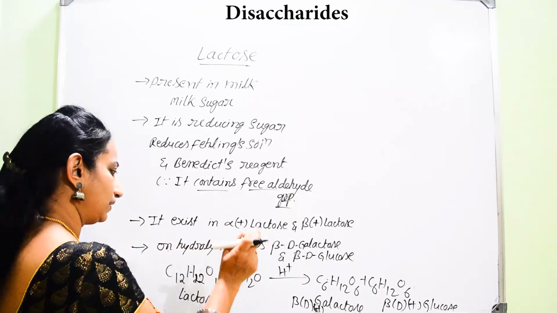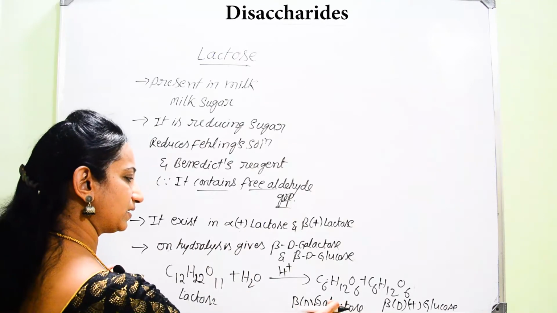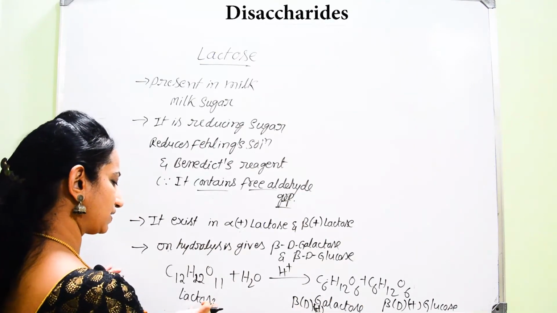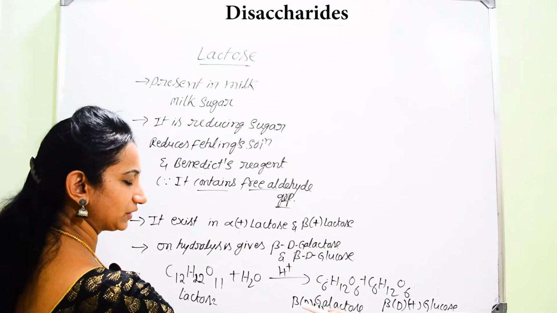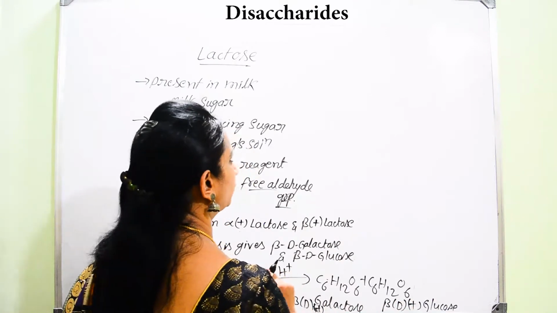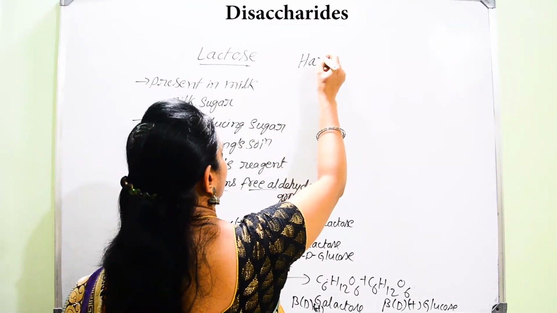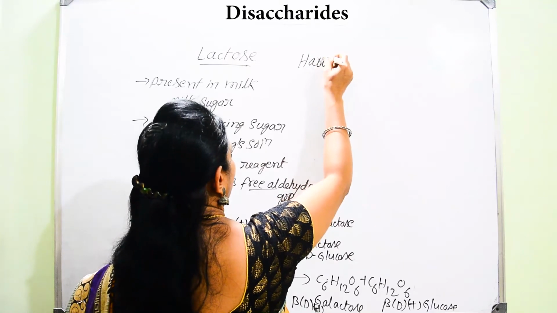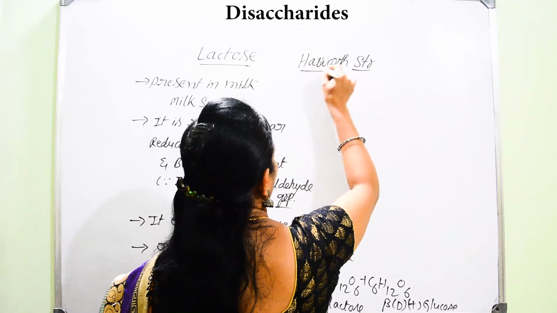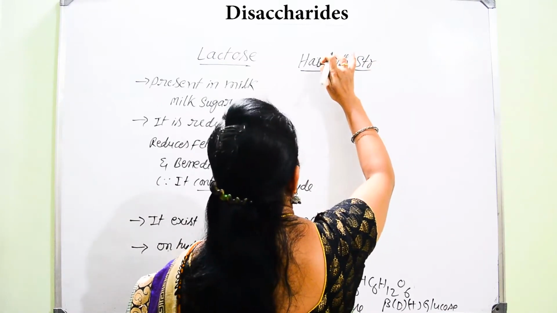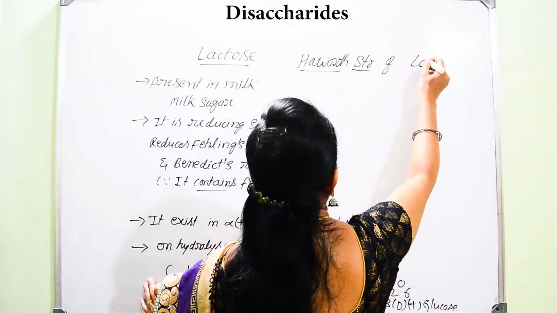Now if we go for lactose on hydrolysis, you are going to get these two units. If you write the structure of lactose, you should remember the structure of beta D galactose and beta D glucose. Now I am going to give the Haworth structure of lactose.